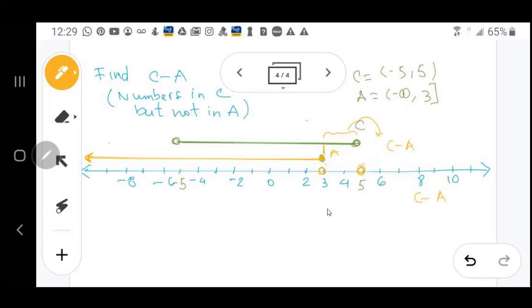And finally, let me shade in between. The shading in between will be from 3 to 5.